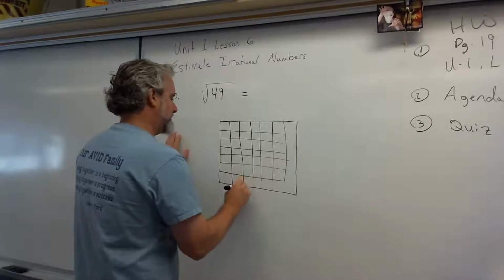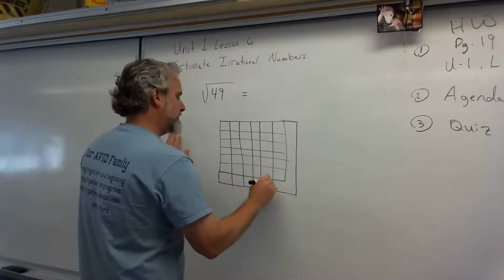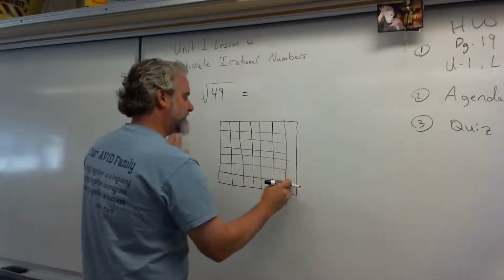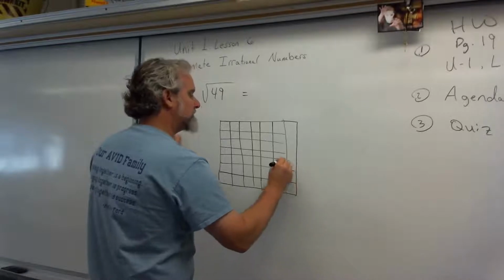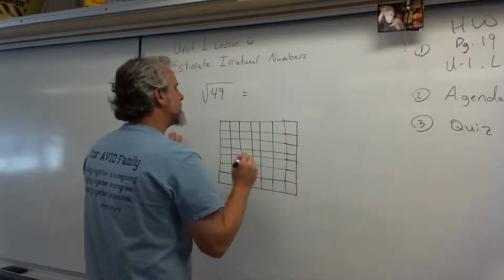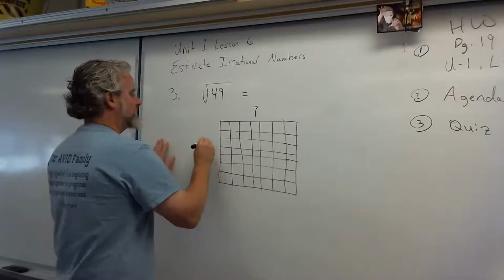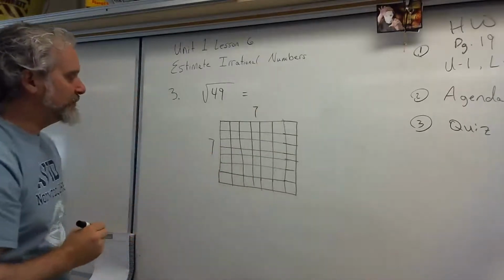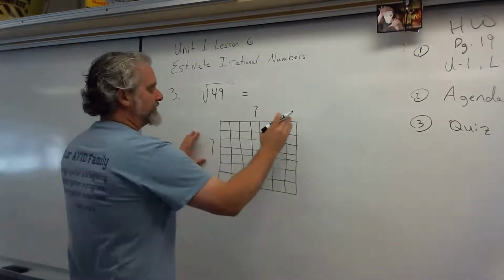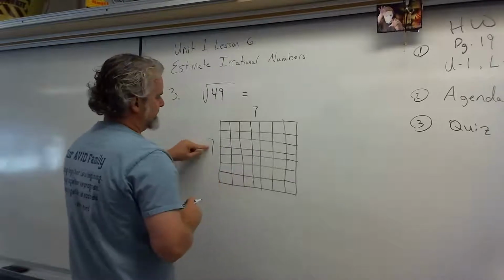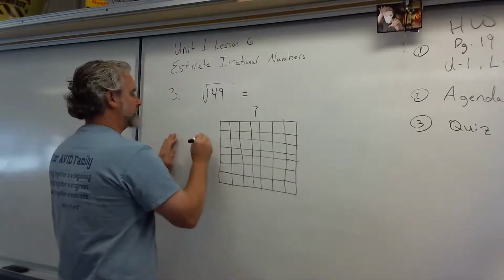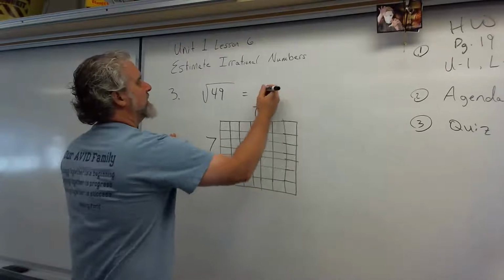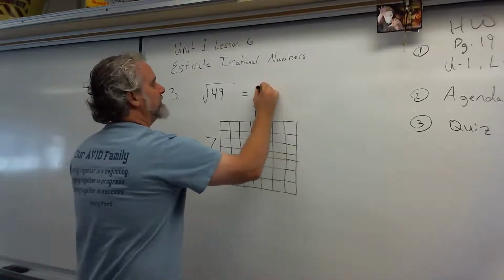So draw my lines. 2, 3, 4, 5, 6, 7. So now I have a 7 by 7 perfect square. Both sides have the same dimensions. Horrible looking 7. Let's draw that one better. All right, so square root of 49 is 7.